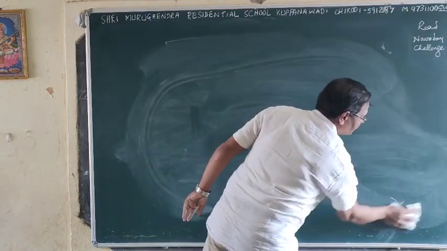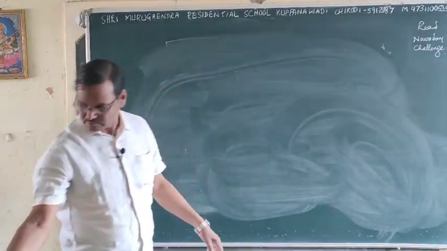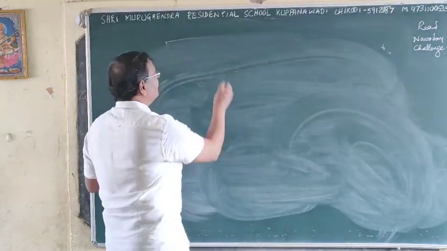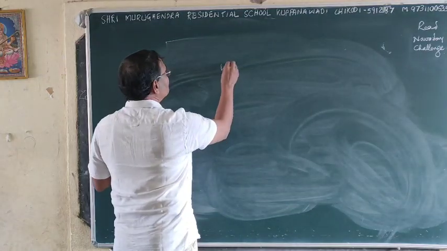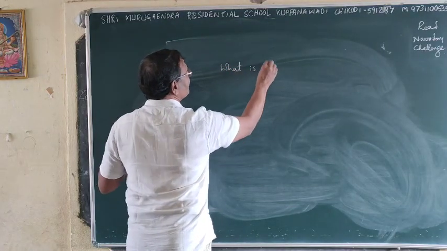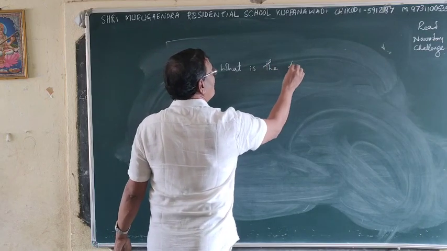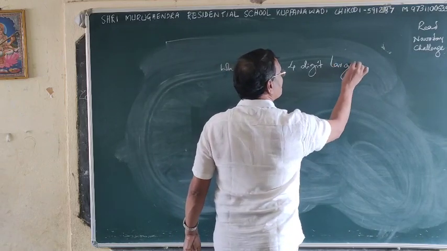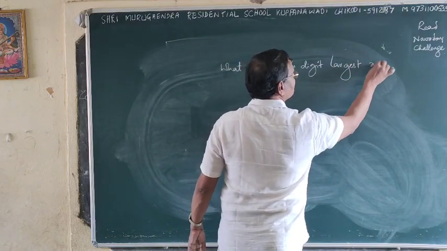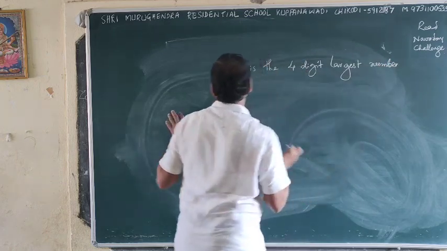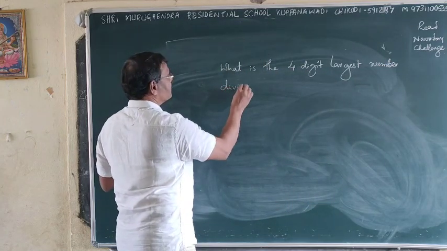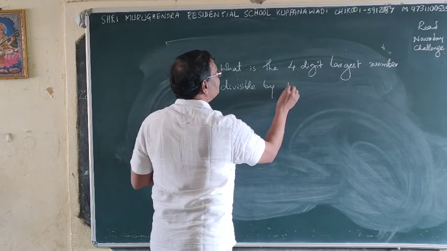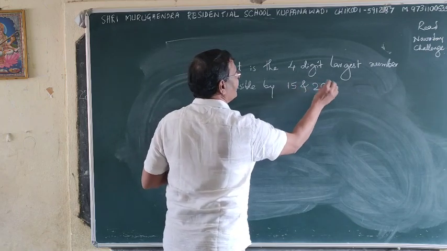And one more sum is asked in LCM. What is the 4-digit largest number divisible by 15 and 20?